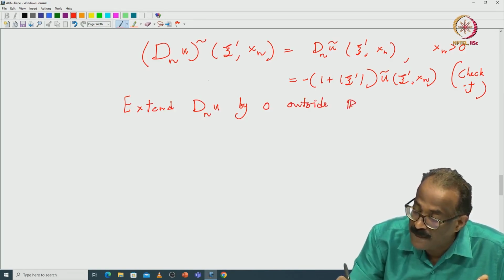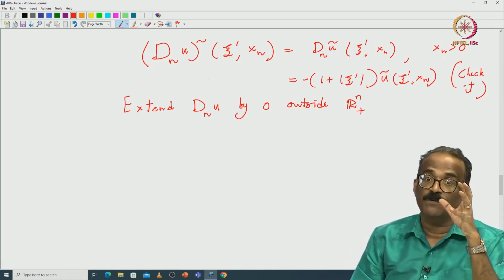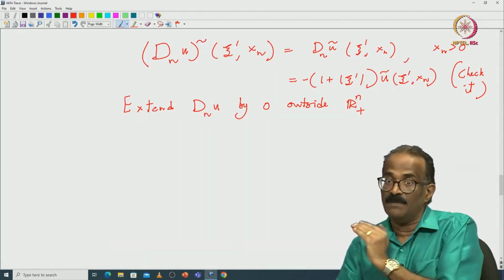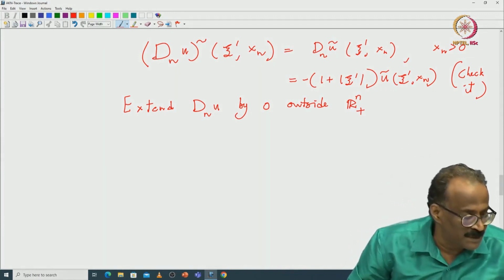That is fine, because in the L2 setup you have to prove that d_n of u is in L2 of R^n plus. So the extension by 0 will retain the L2 space.